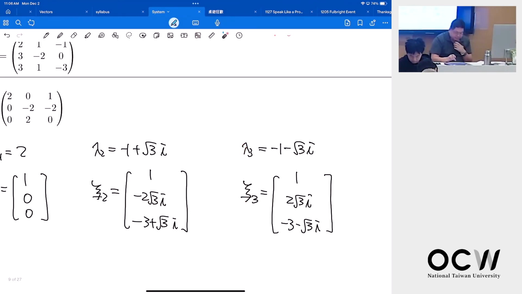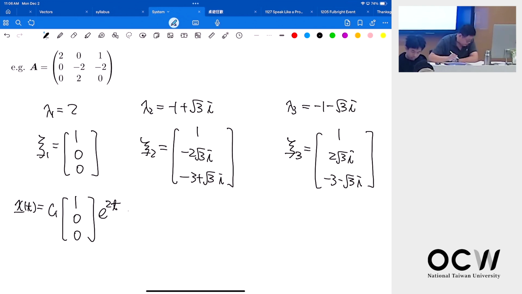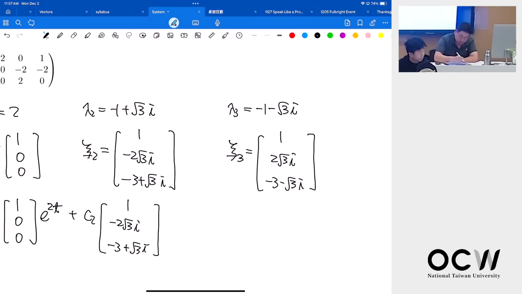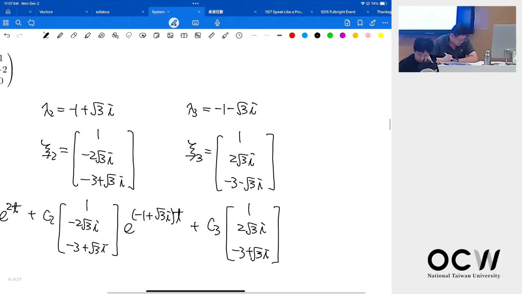And then you can write down the general solution: C1 eigenvector 1 times e^(2t), C2 eigenvector 2 times e^((-1 plus square root of 3i)t), and C3 (1, 2 square root of 3i, -3 minus square root of 3i) e^((-1 minus square root of 3i)t).